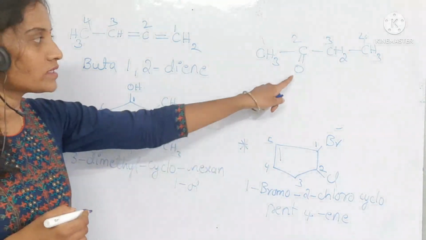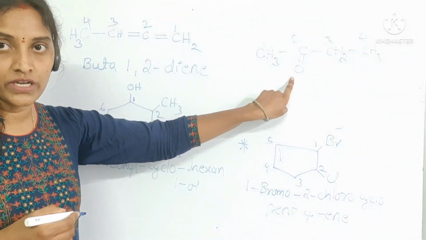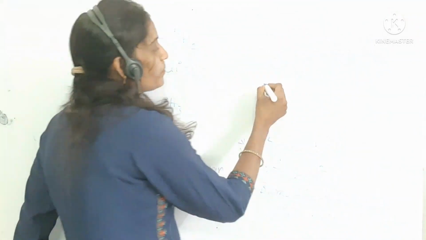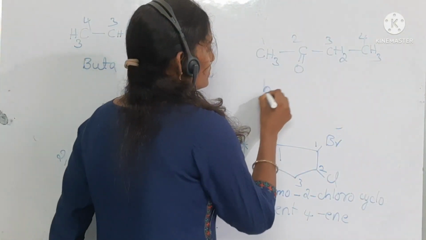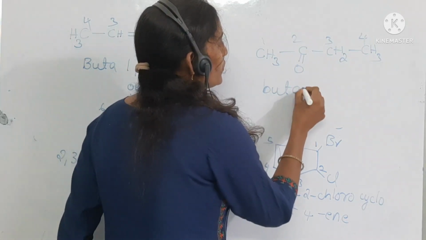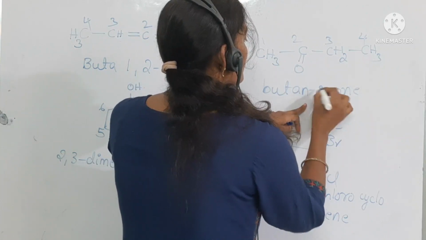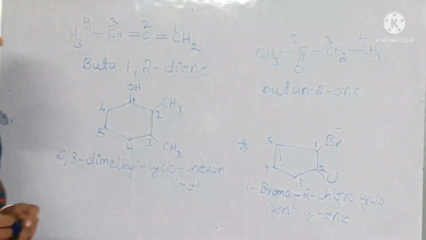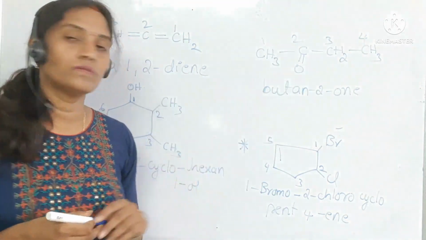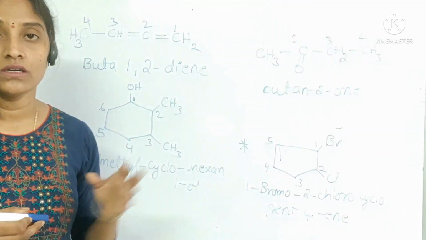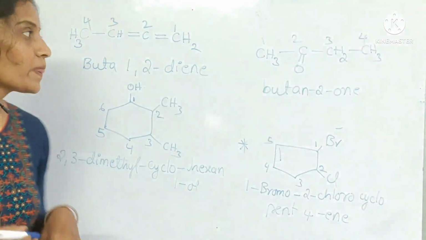So here ketone is the secondary suffix you can mention. So butan-2-one, or butanone. Butan-2-one or 2-butanone you can write.